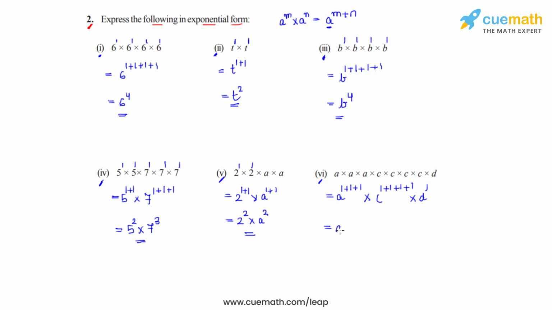So that will give us a raised to 3 times c raised to 4 times d. So it can be written as a cube c raised to 4 d. And this is how we express the given bits in exponential form.